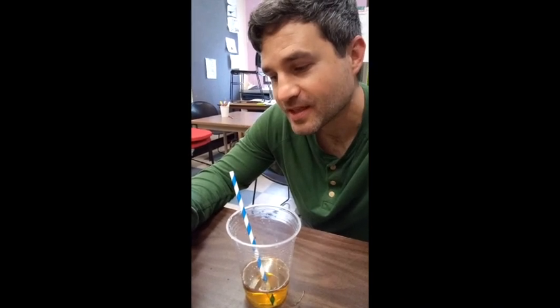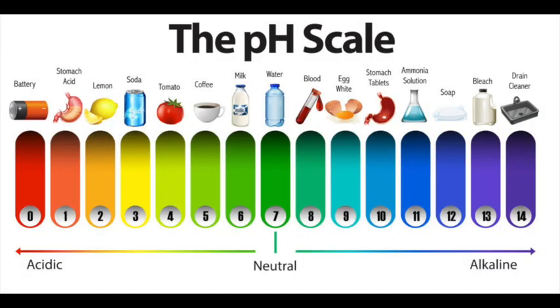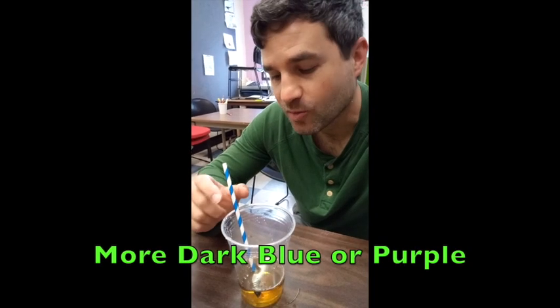So, if it's more acidic, these numbers go down below 7, and the color changes more of a yellow or reddish, orange. And if it's more of a basic fluid, the pH value is higher than 7, and therefore it becomes darker.